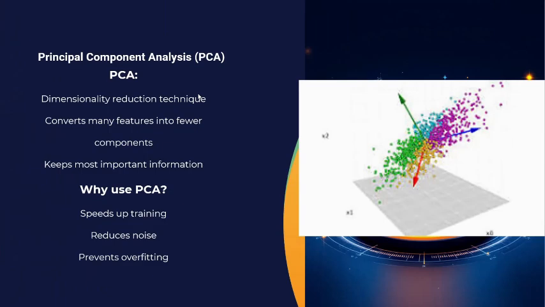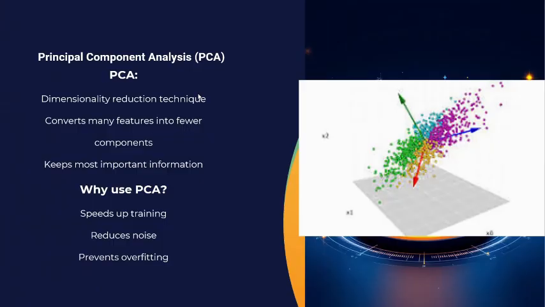We can engineer the features so that they give us the most information out of the data without losing the most important information. It converts many features into fewer components, and it keeps the most important information.